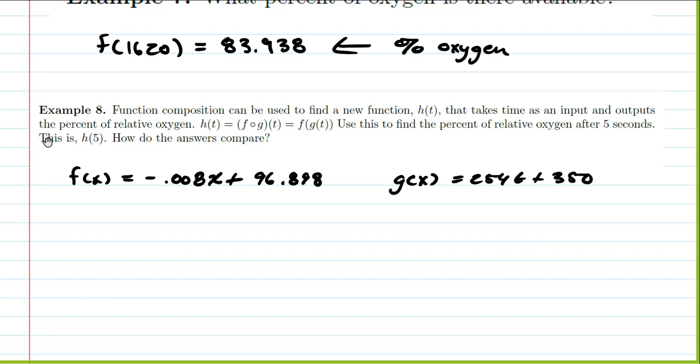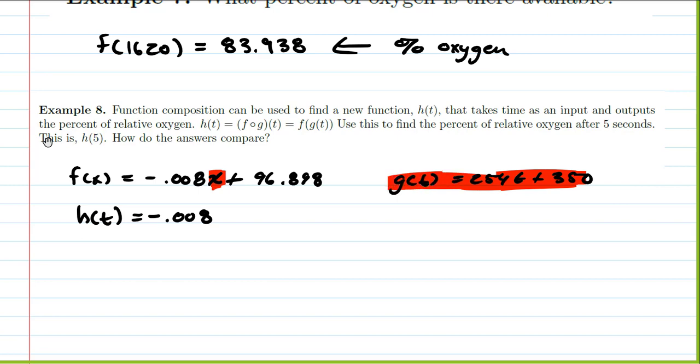We want to find our new function h of t, which is the function composition. So that's going to be negative, we're going to put g into f. And we're going to put this in to f everywhere we see an x. So we have negative 0.008 times g of t, add it right over there, g of t.